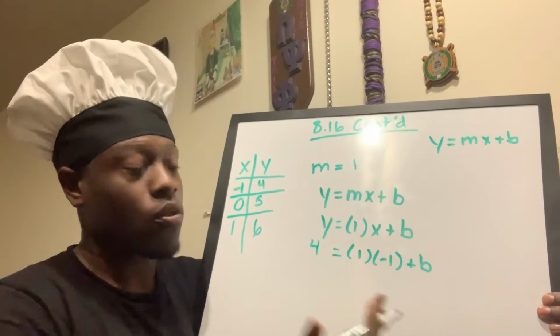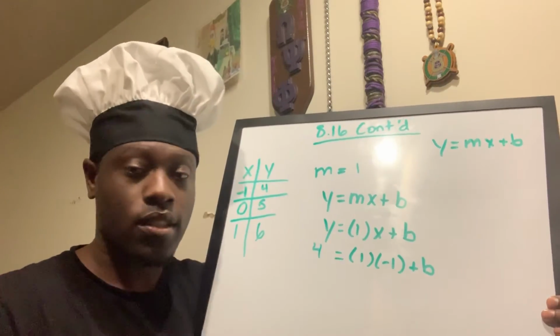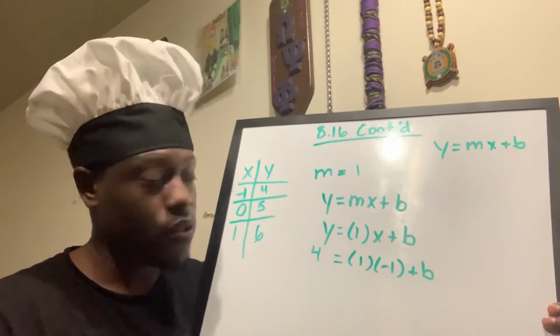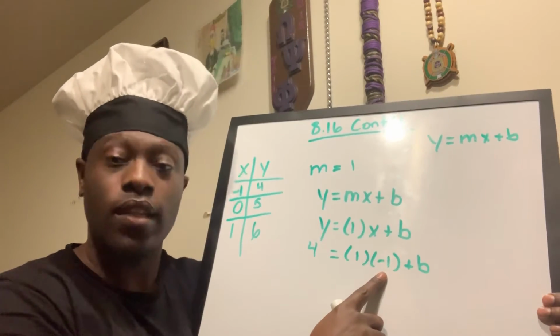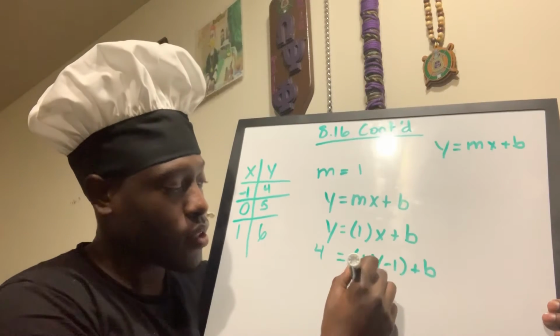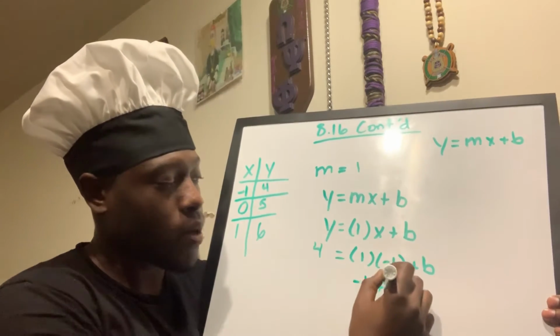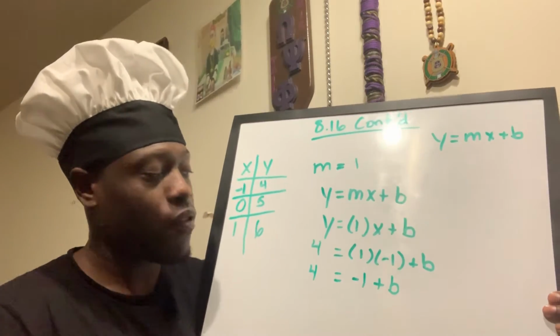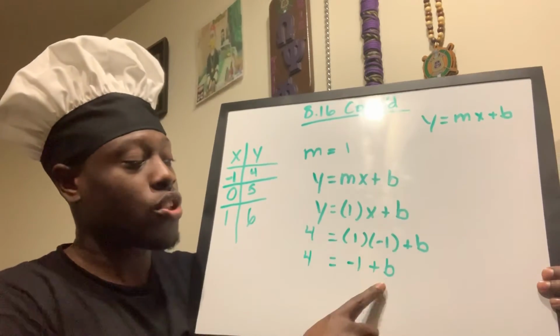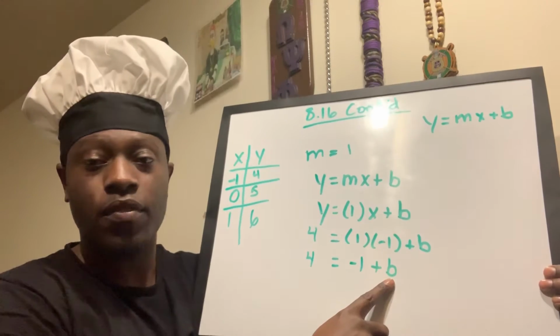We're going to follow order of operations, from one of my previous videos also. 1 times -1 is going to leave us with -1. Bring down our b, bring down our equal sign, bring down our 4.